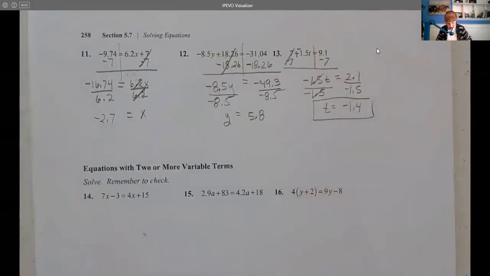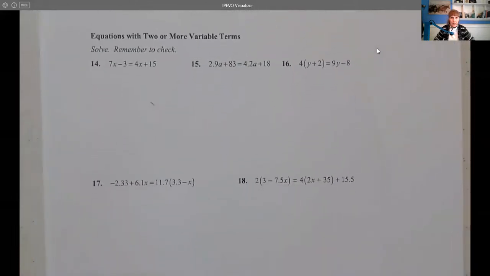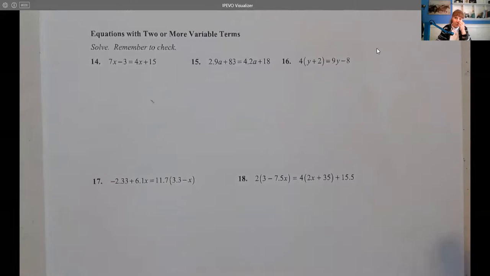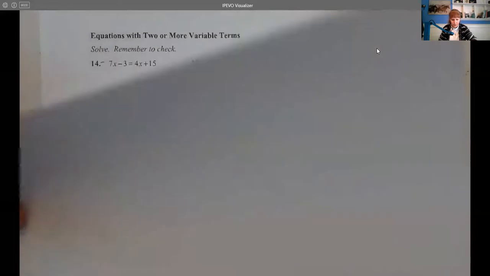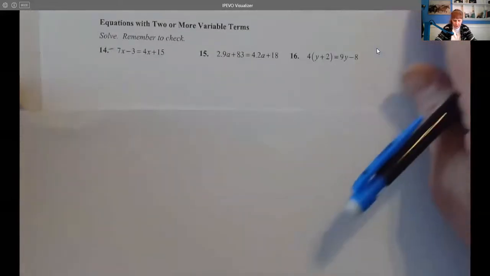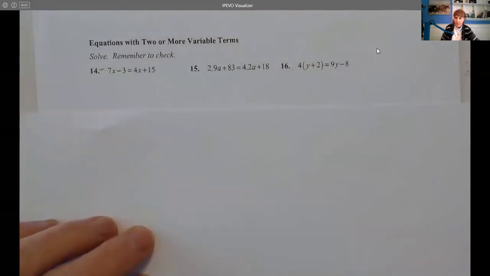All right, so now we're going to look at these next ones here. Get these 5. And these are going to take more steps. All right, so it's more than just the 2 steps or the 1 step. So I'm going to go ahead and cover up some of these. And we're going to look here. Okay, first thing is you always make sure that you've simplified the side first.